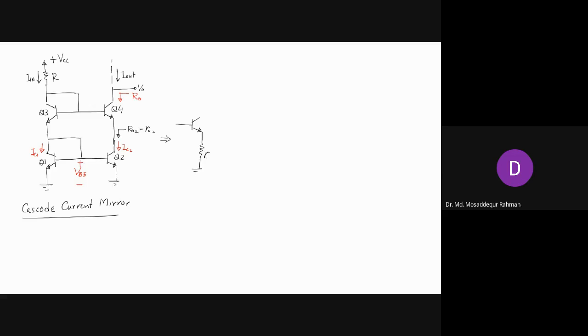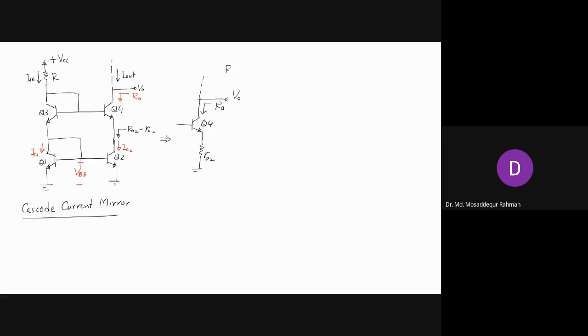Here we have R02, and that is our Q4, and we're looking from here, R naught, right? So the circuit will look like this. You can also call it the equivalent circuit from the output side of Q4.